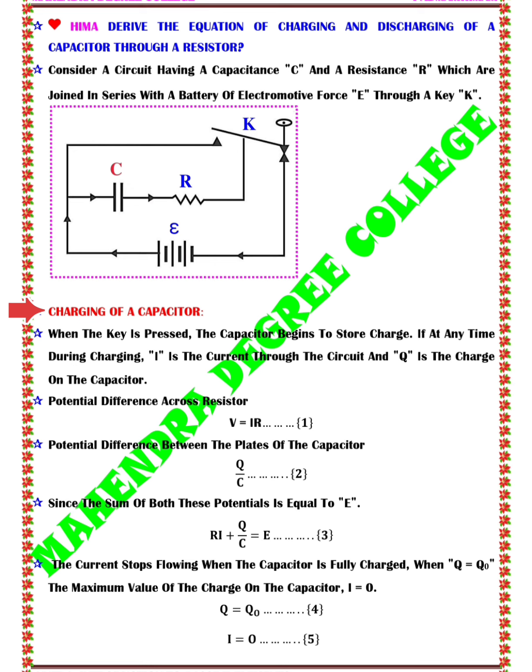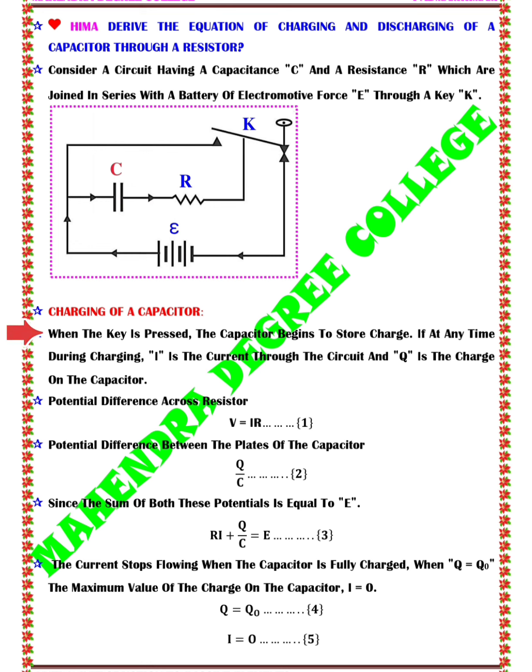This process involves the transfer of charge, with electrons moving from one plate to the other, creating an electric field and storing energy. The charge accumulation continues until the voltage across the capacitor plates equals the source voltage.